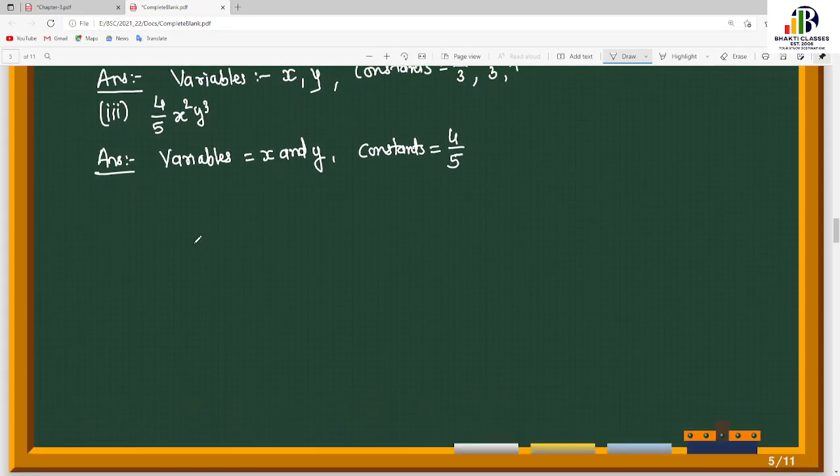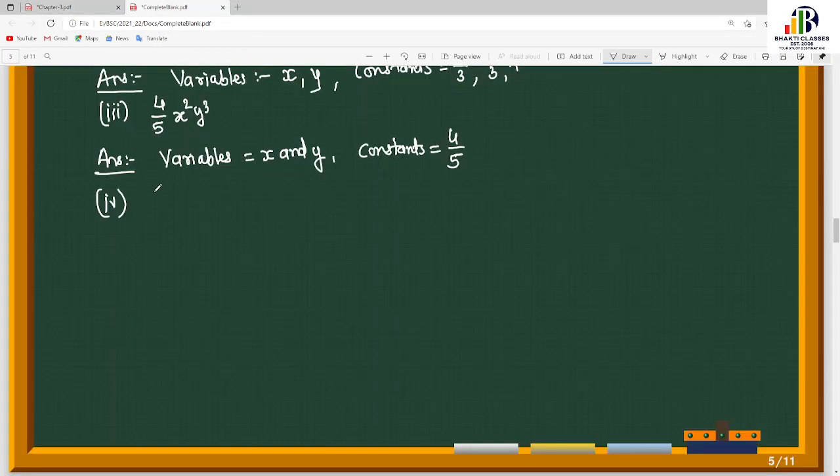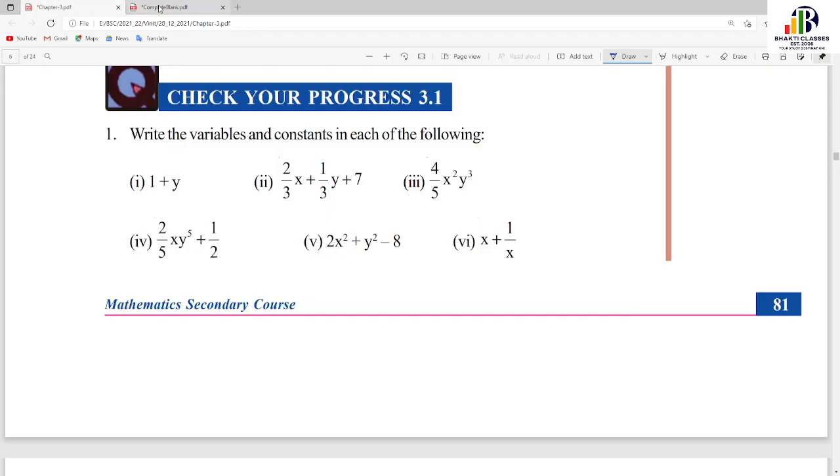Let us do the fourth question. It is 2 by 5 xy raised to 5 plus 1 by 2.